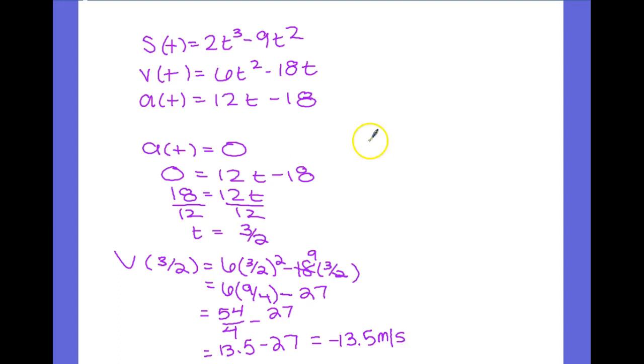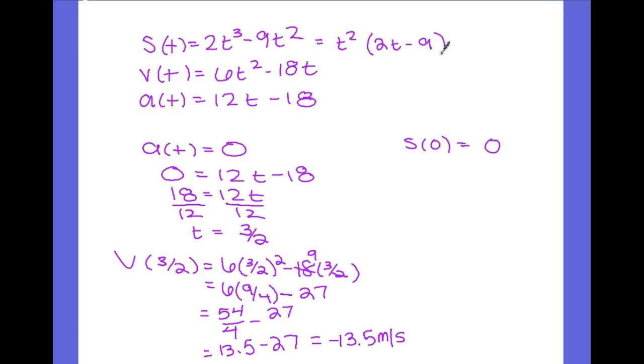All right, so the displacement means that we need to find S of 0, which is always easy. And then we need to find S at this value. Now, I look at the position function and I say, okay, I can take t squared away. And then that leaves 2t minus 9.